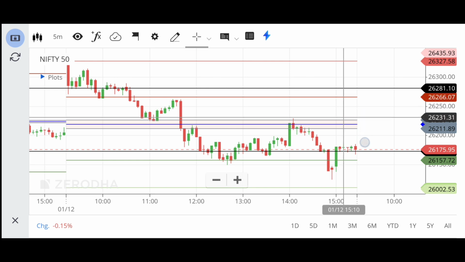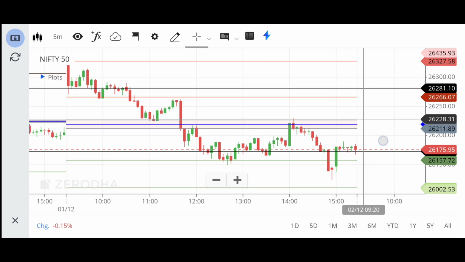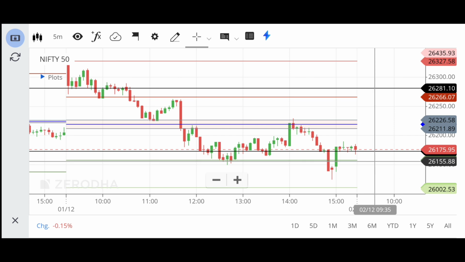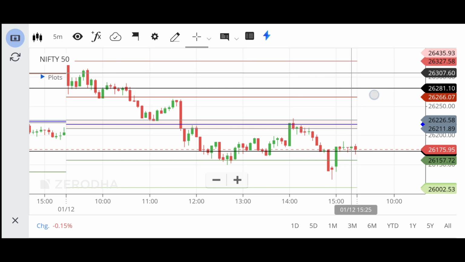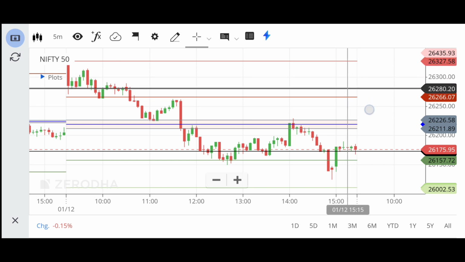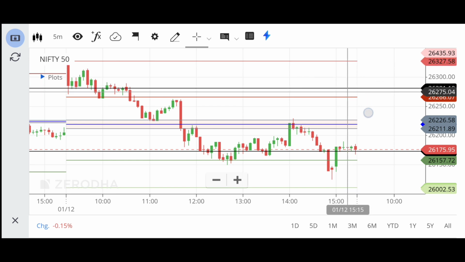So the possibility to take the trade is where we can take the trade while seeing the chart. You see, the market opened at 26,325 and the first candle itself was a bearish candle. It opened at gap up, but the first candle itself was a bearish one.